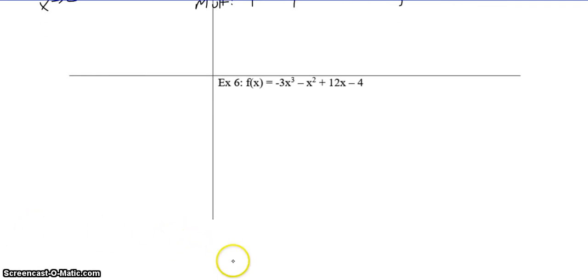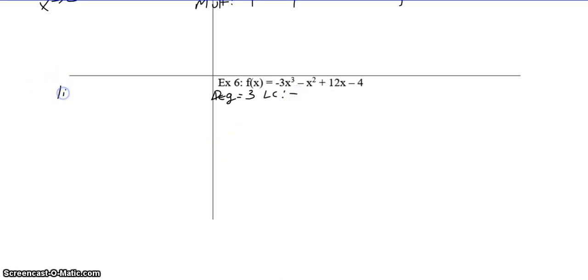Last one. So, taking a look at this again. The degree is 3, highest power of x, leading coefficient negative.